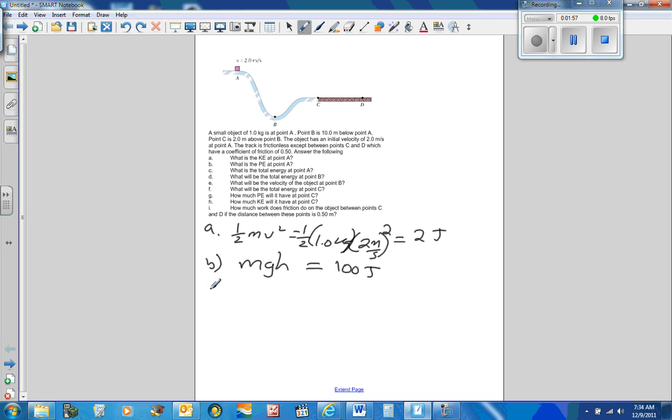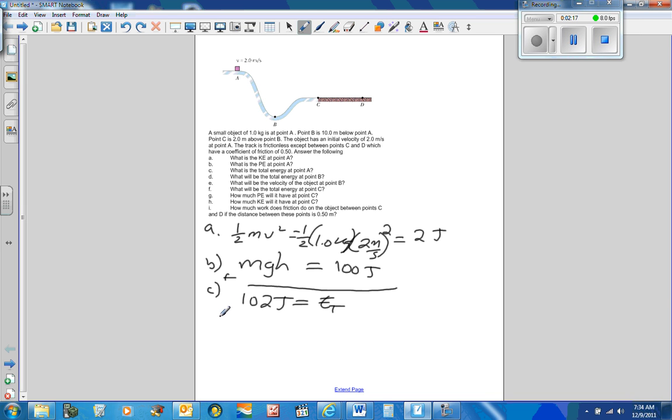Okay, and then C, what is the total energy? Well, the total energy is just going to be adding these together. So 100 plus 2 is 102 joules of total energy. That's the total energy.